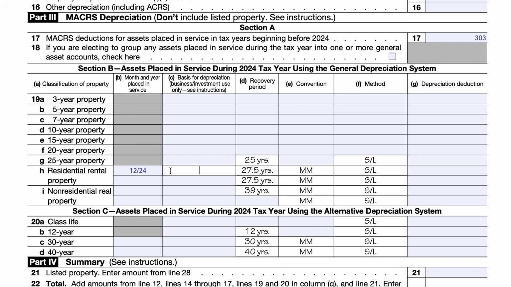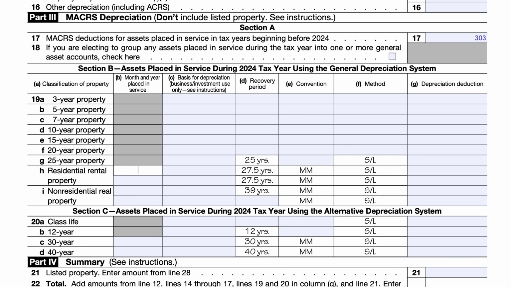So remember, on one property, you're completing either this field if you put it into service before the current tax year, or you're filling out this line right here if you put it into service during the tax year, but you're not doing both. And then for the property that you placed into service in the 2024 tax year, you report it on this line for that year, and then your subsequent tax returns, 2025 and later, you would be using line 17 up here.